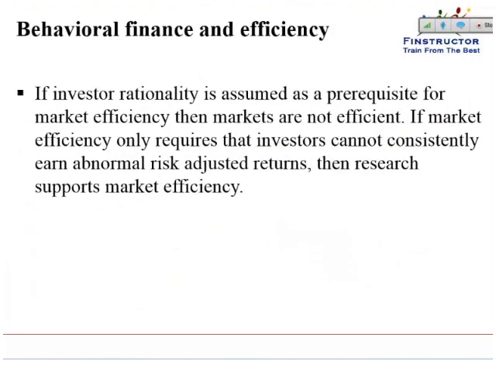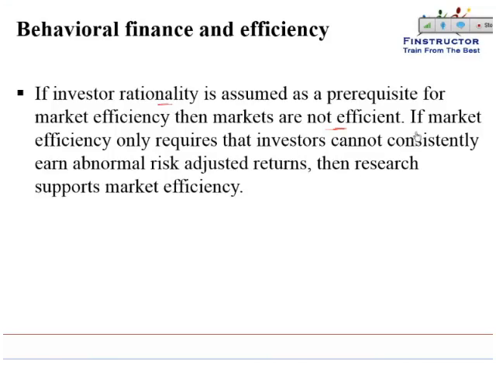So on the whole, what behavioral finance says is that if investor rationality is assumed as a prerequisite for market efficiency, that is, if markets have to be efficient, all investors have to be rational, then definitely markets are not efficient, because investors are all human beings who are not always rational.